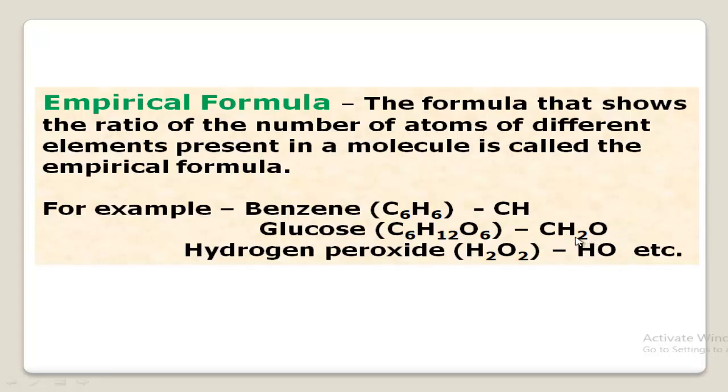It does not express the actual number of atoms. It just expresses the ratio of the number of atoms. So CH2O is the empirical formula of glucose. Similarly, hydrogen peroxide H2O2, its empirical formula will be only HO. I hope you understand this.